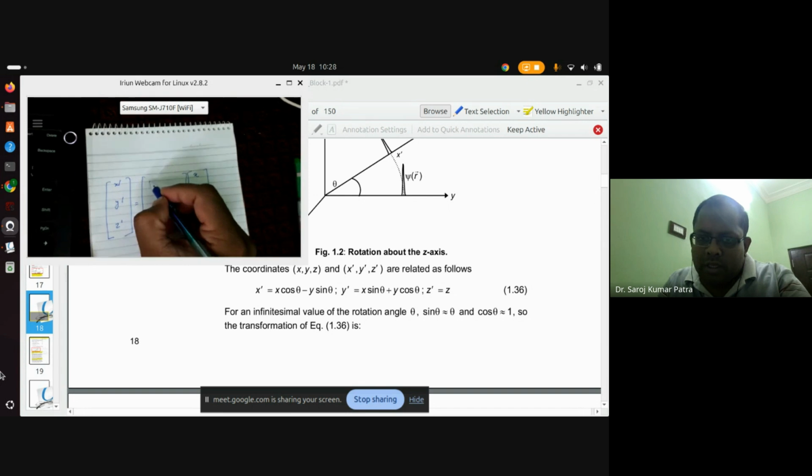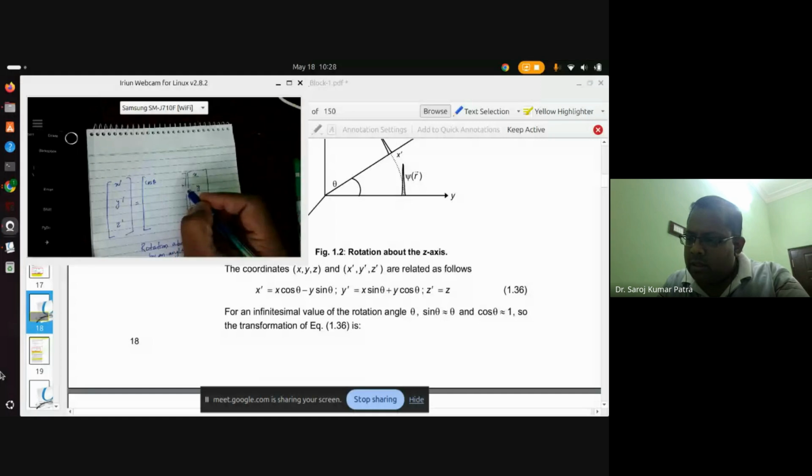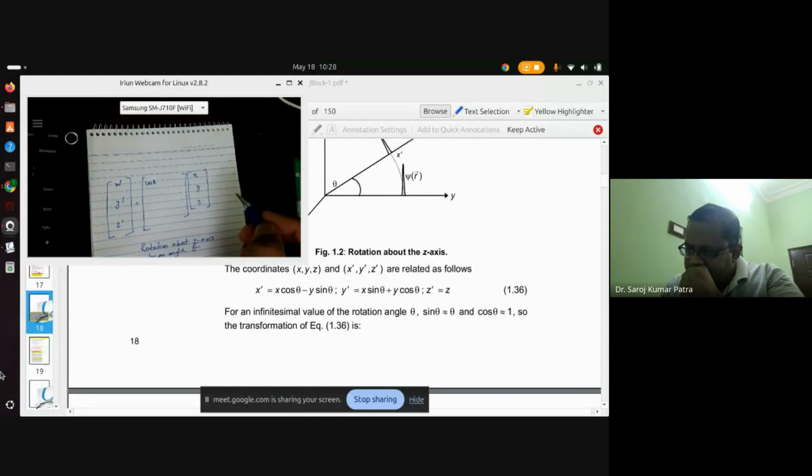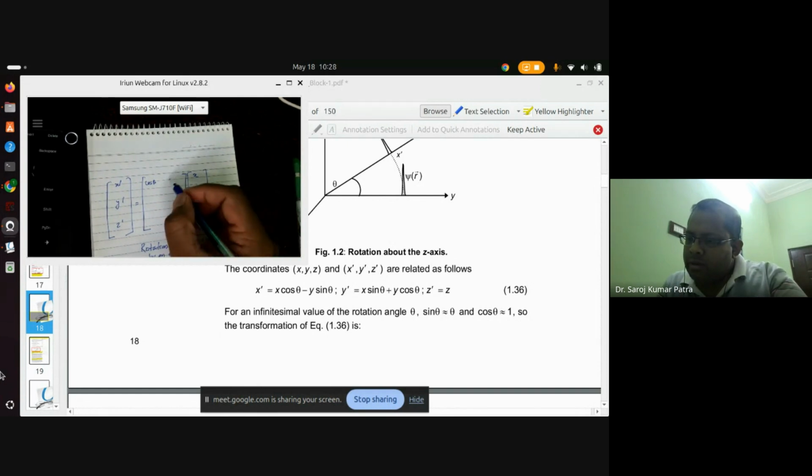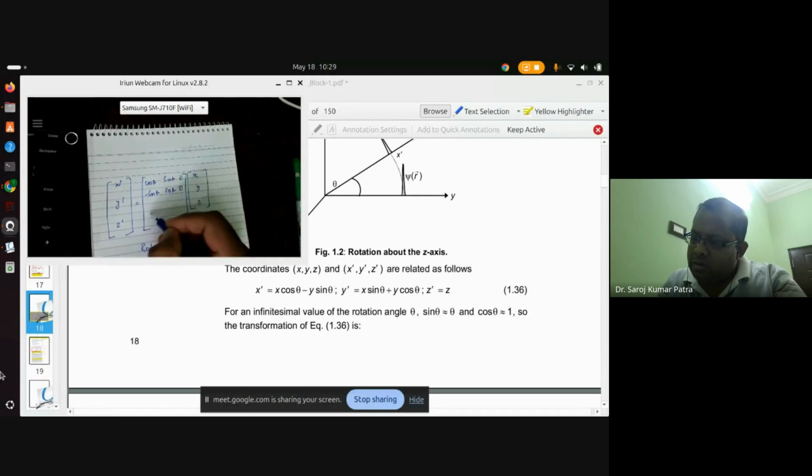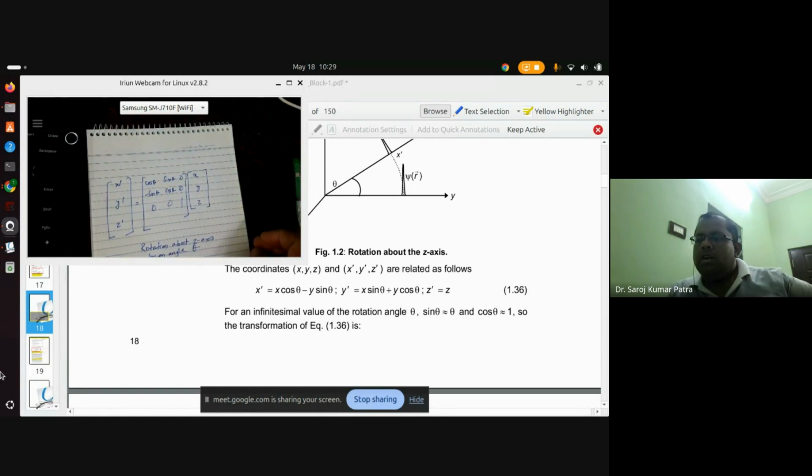It will be cos theta, sine theta, minus. So we will have this kind of matrix.